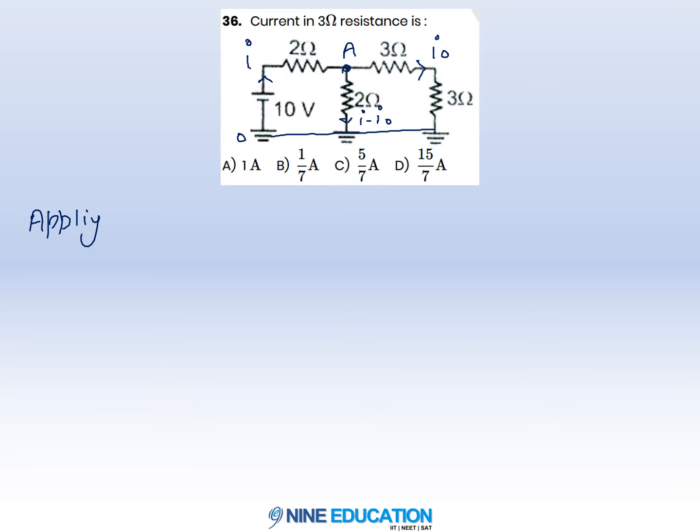Applying KVL in, let's say this is our first loop and this bigger loop is the second loop. So first apply KVL in the first loop. We know the KVL rule is the sum of all the potential differences is 0. So apply KVL in this loop.